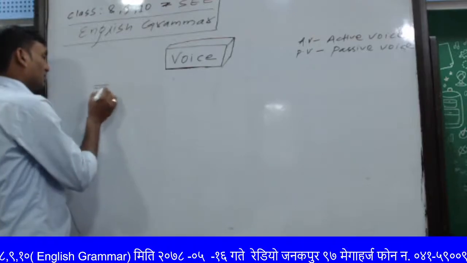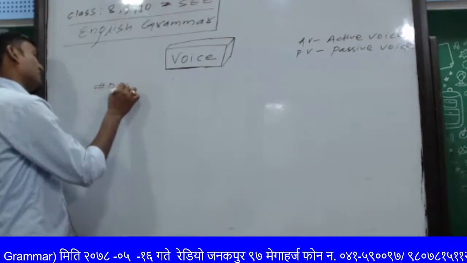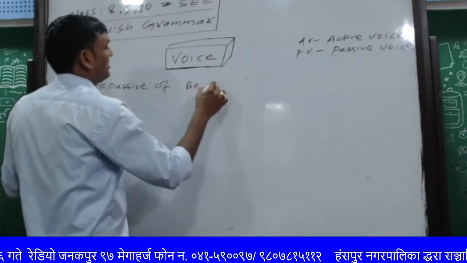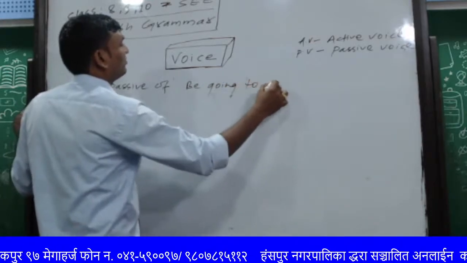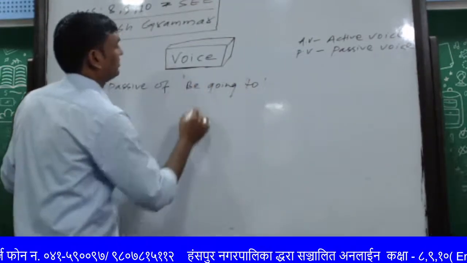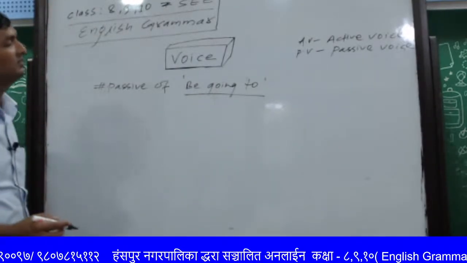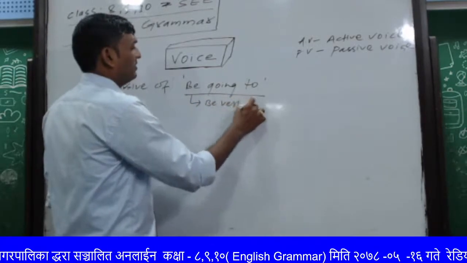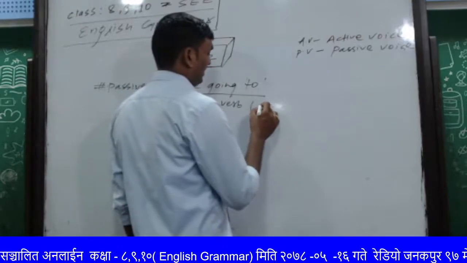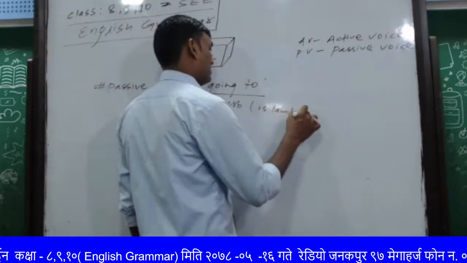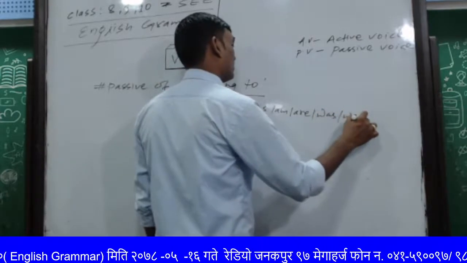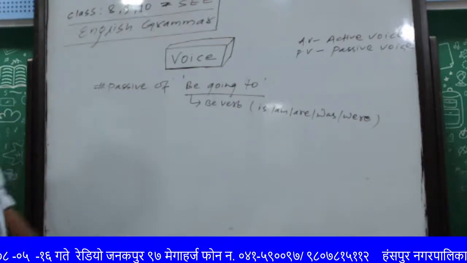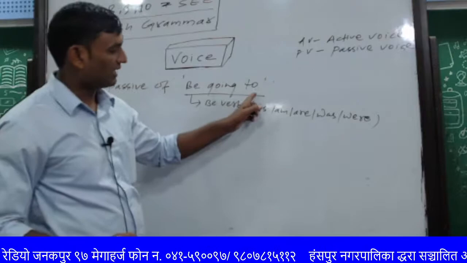Okay, another topic: passive of be going to. Be means be verb, and there are 5 be verbs: is, am, are, was, were. After is, am, are, was, were, going, then to, then after to V1 is used.